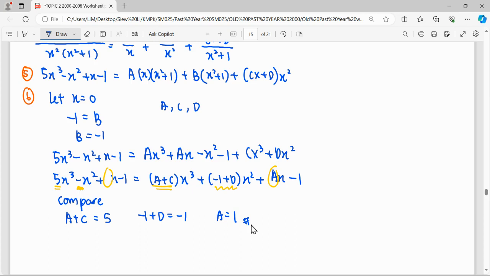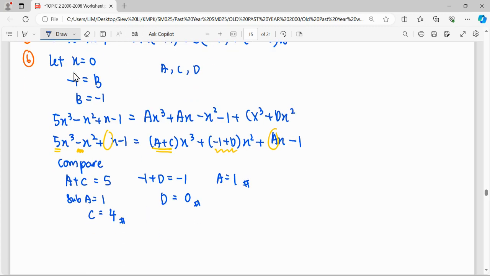So once we find our value of A, we can substitute A equals to 1. C will be 5 minus 1, which is 4. Then we find the value of C. Then for D, we can simplify, it will become 0. So lastly, step number 6, finding A, B, C, D, done.